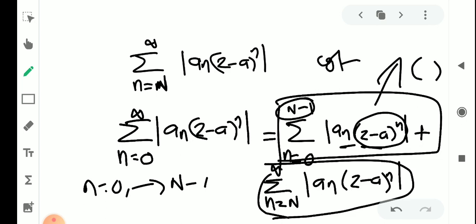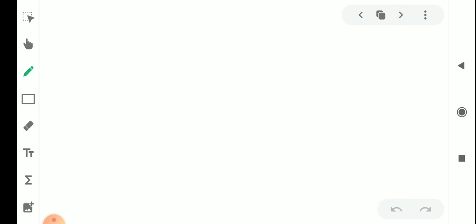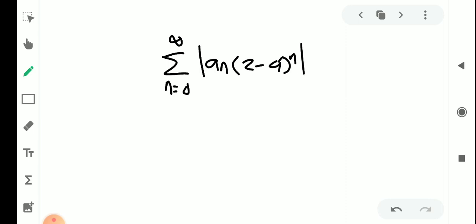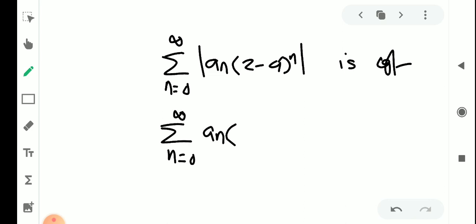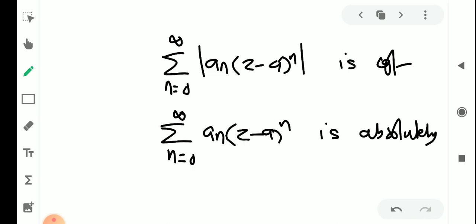So a finite value plus a convergent series means this is convergent. Sigma n equal to 0 to infinity modulus of a n (z minus a) all raised to n is convergent. That is, sigma n equal to 0 to infinity a n is convergent in modulus. So this is said to be absolutely convergent.